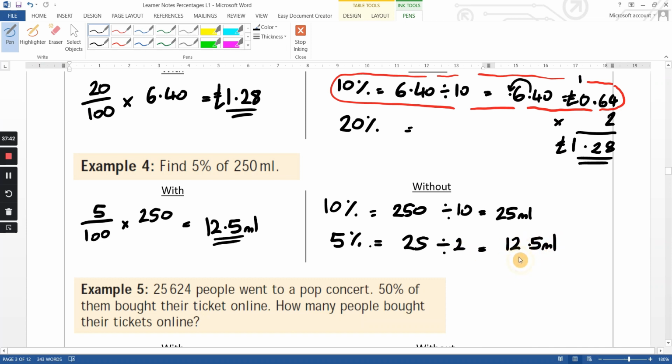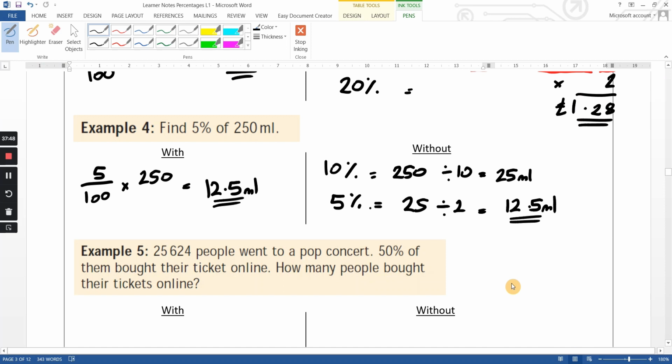And if you're not sure, you could do the bus stop method and figure it out. You should get 12.5 as your answer. Hopefully you should know that half of 25 is 12.5. So again, that's a really good way of doing it. Use 10% as your building block. It's a really good way of doing it without your calculator.